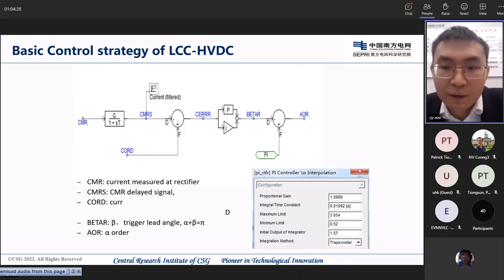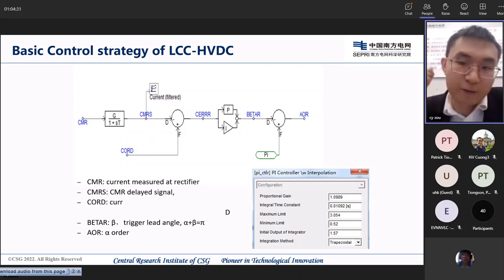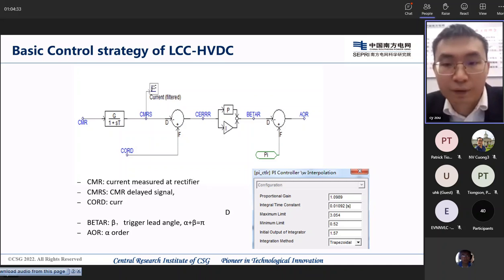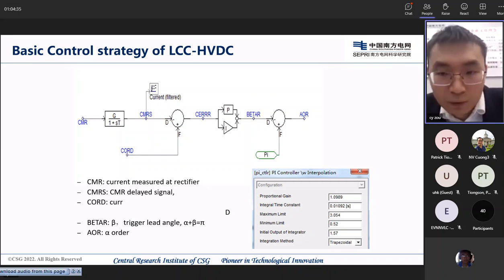It is clear that if there is a difference between the measured DC current and the DC current order, then the PI regulator will change the firing angle order until the measured DC current is almost the same as the current order. However, the range of the beta is limited to 0.52 and 3.054 in radians, which is 30 degrees to 175 degrees.